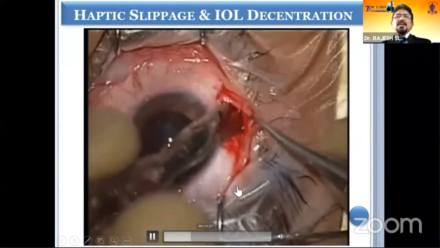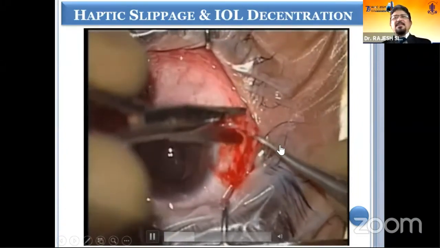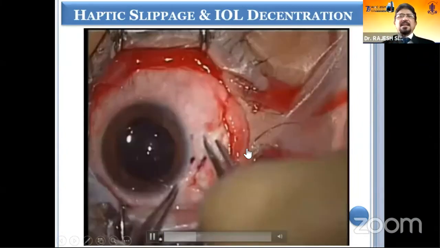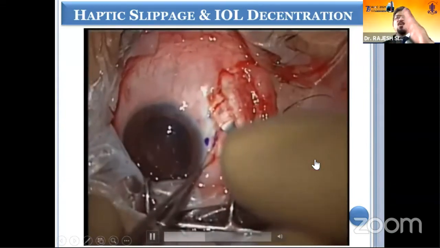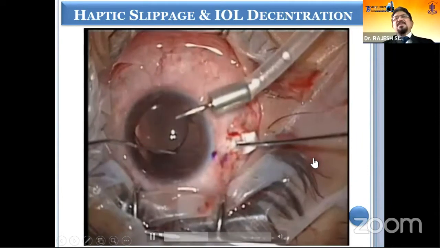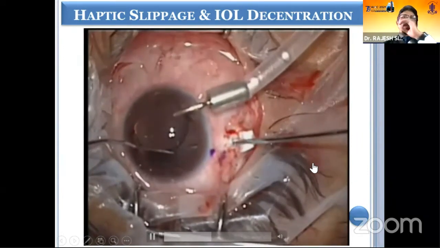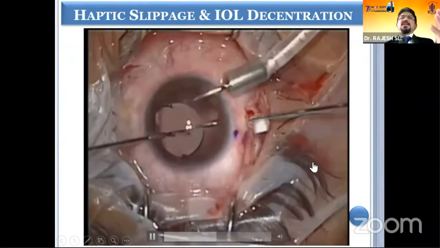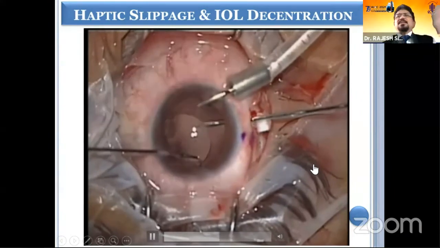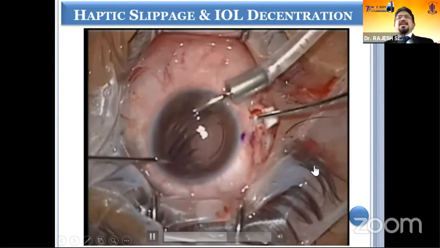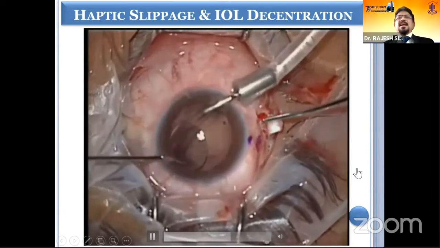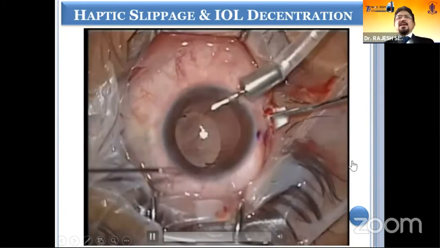So conjunctival peritomy is done, and you have to create a separate flap. If you try to open up the previous flap, if it's very early, then you can still lift up the flap. But if it's a little too late, there is so much of fibrosis that it's better to cut with the crescent blade and create a flap, hold the haptic, exteriorize, and then you can fix it.